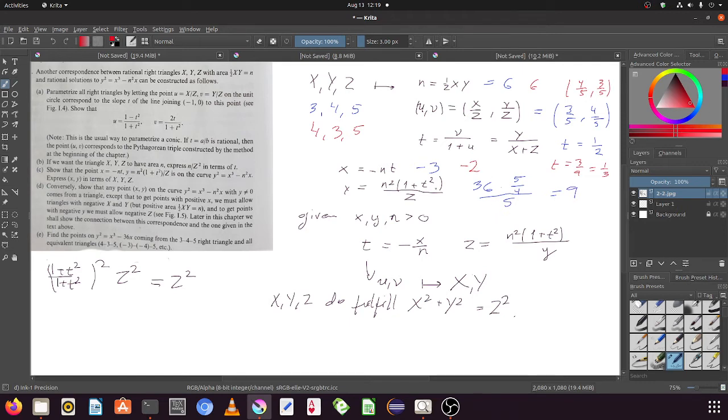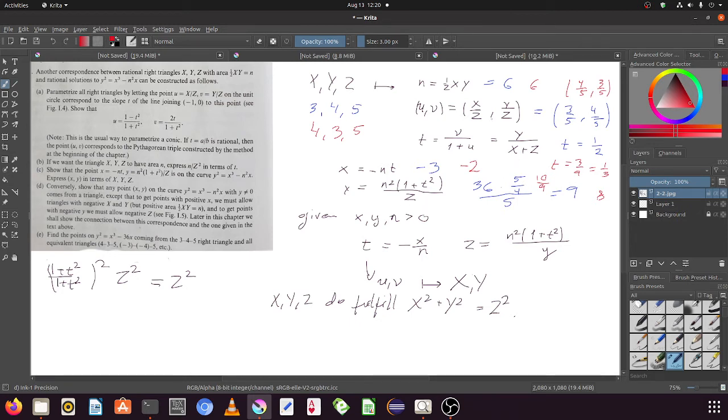Well, and then y, 36 times 1 plus t squared, a ninth, that's 10/9. So it gives 40, but we must divide by 5. This gives 8. We see these are all positive numbers. So we always get, oh, if z is negative, we'll get a negative number, of course.